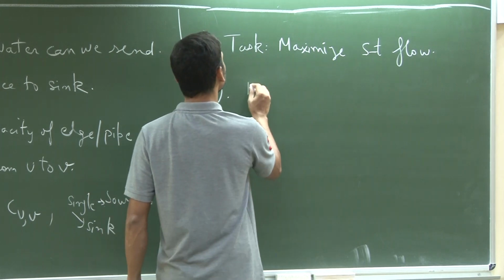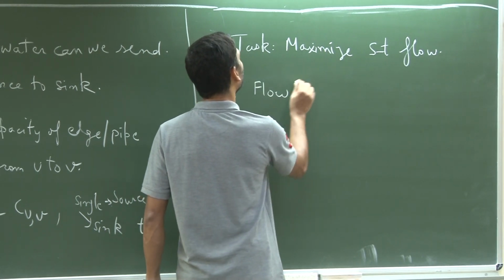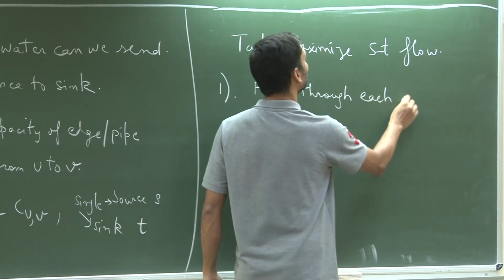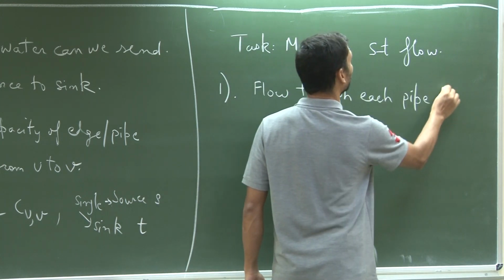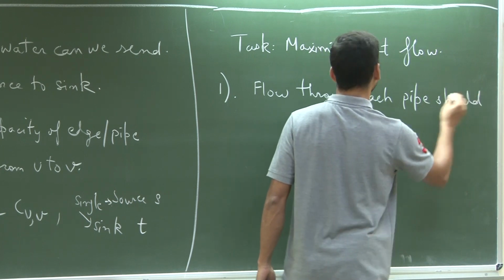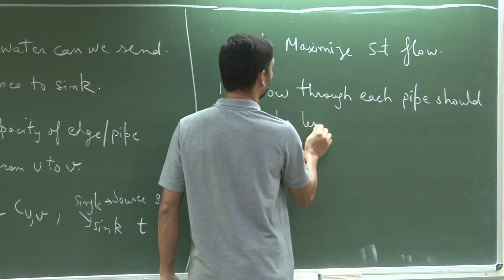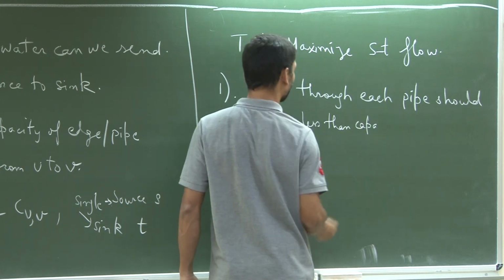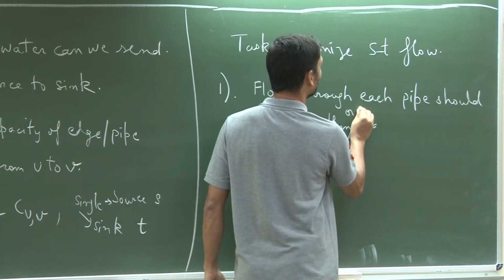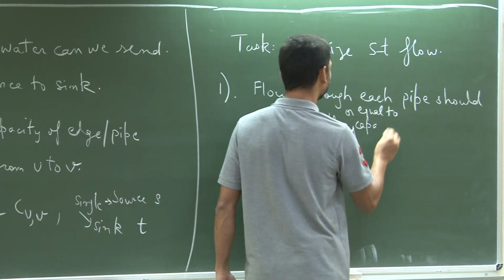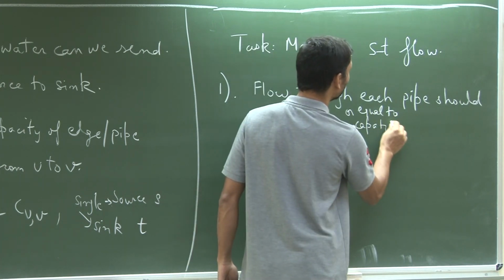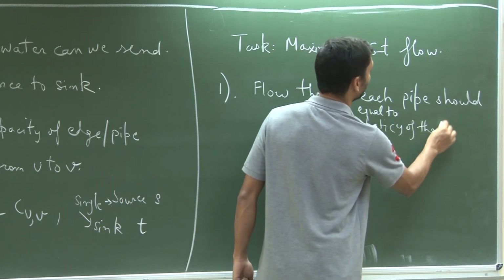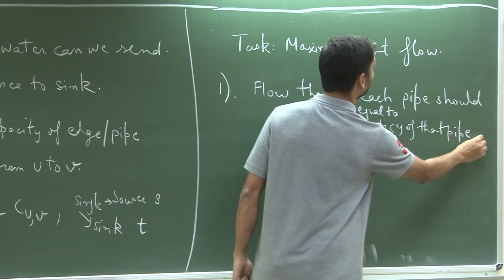So first, the flow through each pipe should be less than, since I'm sure one of you will point it out, less than or equal to the capacity of that pipe.